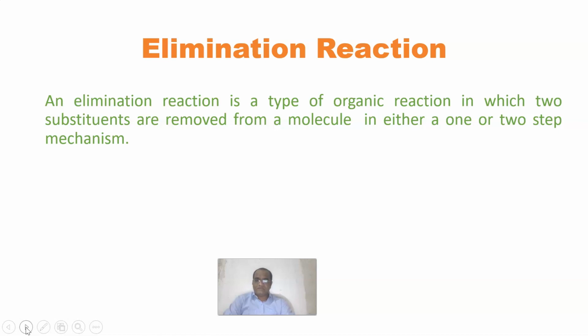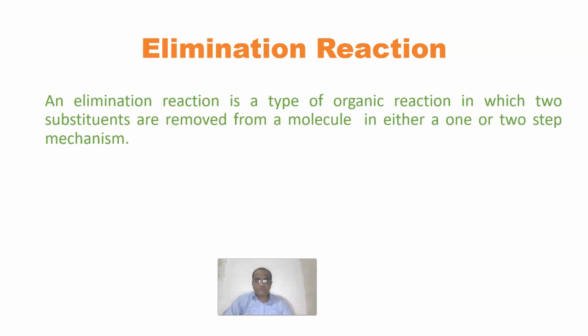An elimination reaction is a type of organic reaction in which 2 substances are removed from a molecule in either a one or 2-step mechanism. Here the important point is that not only one group is eliminated. There are 2 groups which are removed in the same reaction.